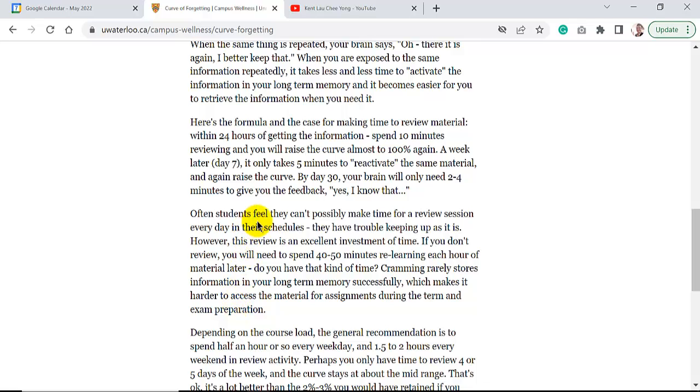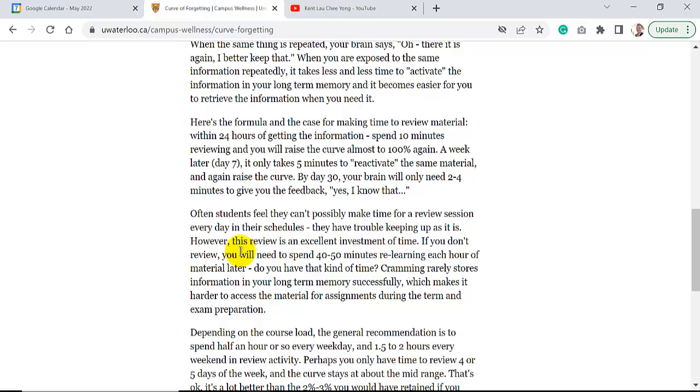Often students feel they can't possibly make time for a review session every day in their schedule. They have trouble keeping up as it is. However, this review is an excellent investment of time.